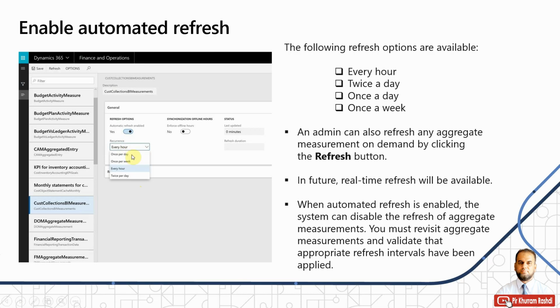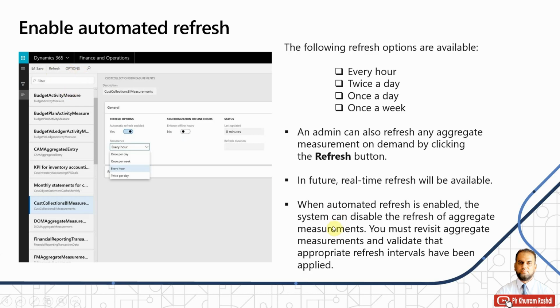Then you have once per day, twice per day and once per week. These are the options available. So this will automatically refresh the entity store based on the defined frequency. However, at the top you can see there is a refresh button, which works manually if you want to refresh on demand.